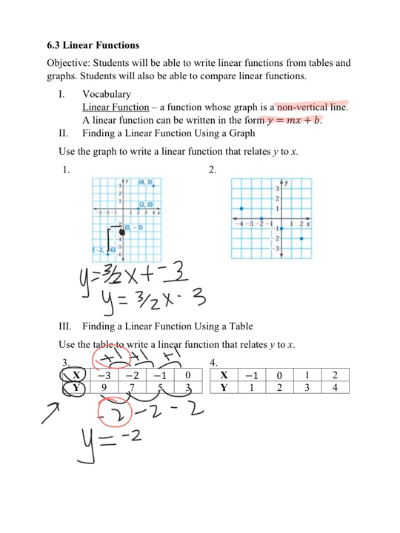So you're going to have -2x. Then your y-intercept, where that line crosses the y-axis, is always where your x value is 0. So right here is your y-intercept, and that's at +3. So you can take a table and create a linear function with it.